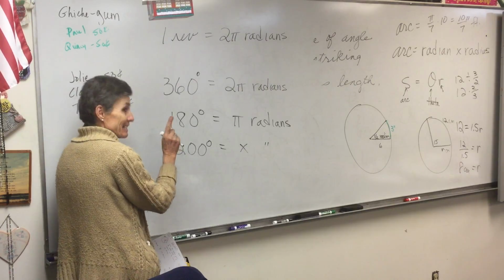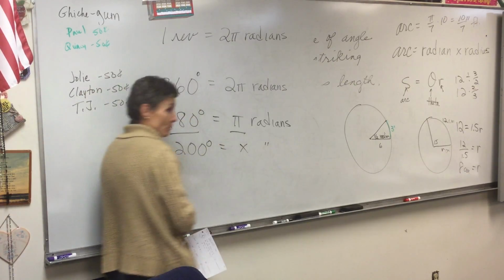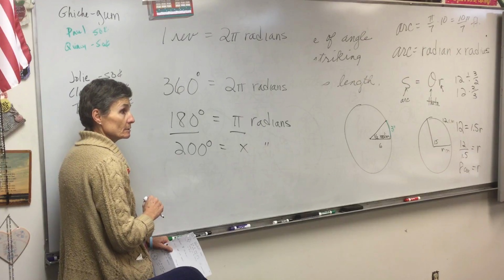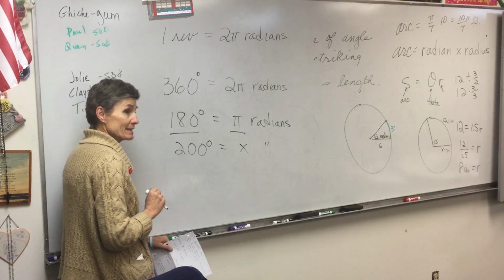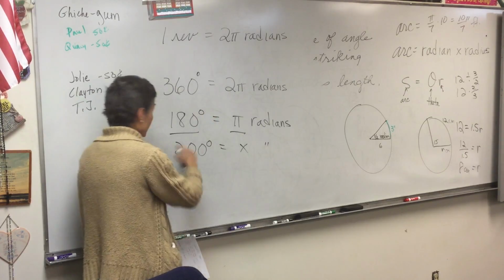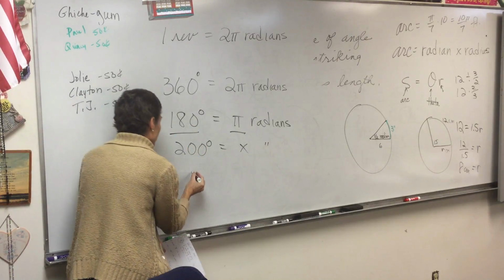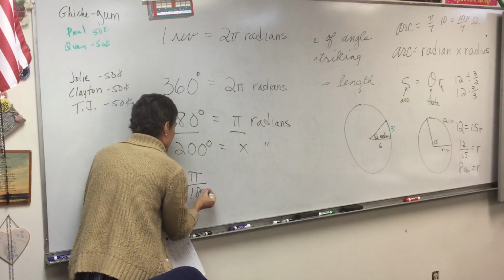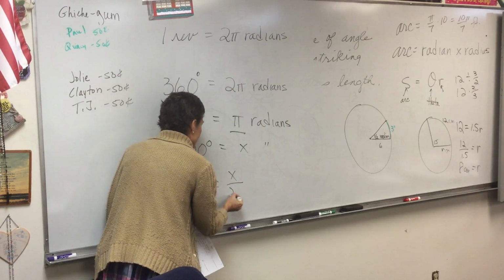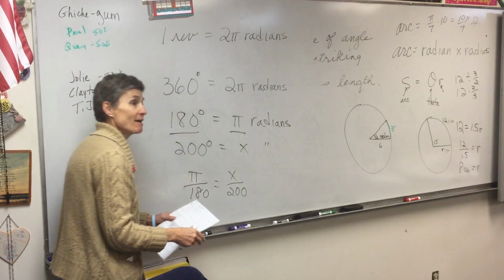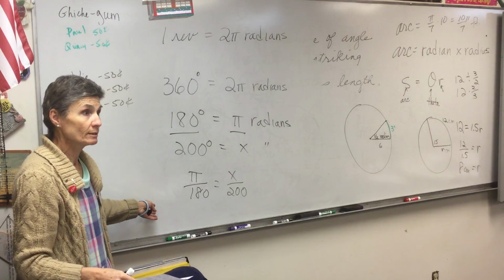You can set it up exactly the way I wrote it if you want. I don't normally set it up that way, but that will work. I normally set it up pi over 180 equals x over 200. That's my favorite way to set it up personally.